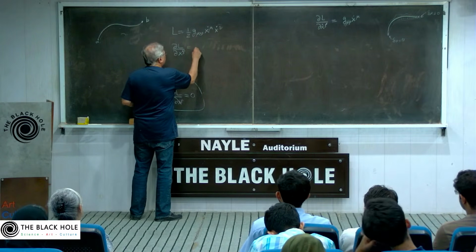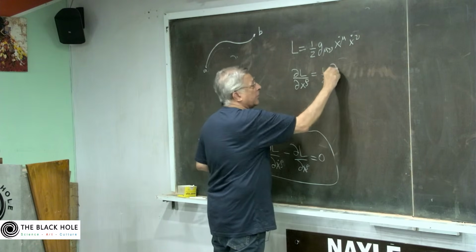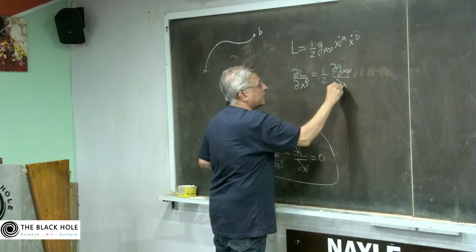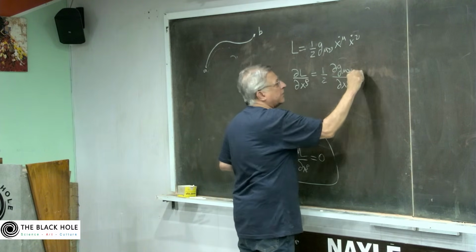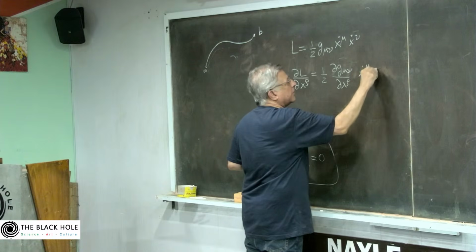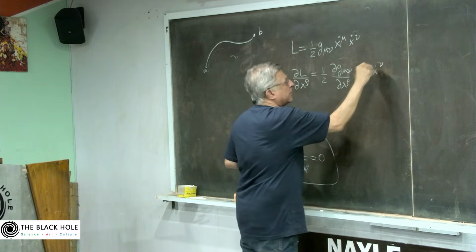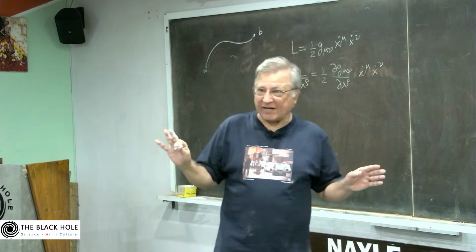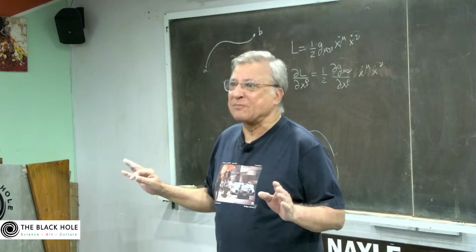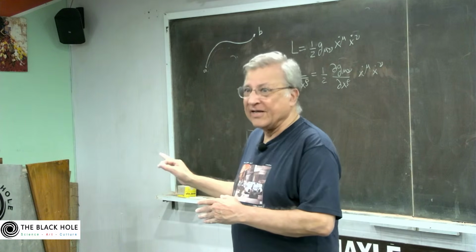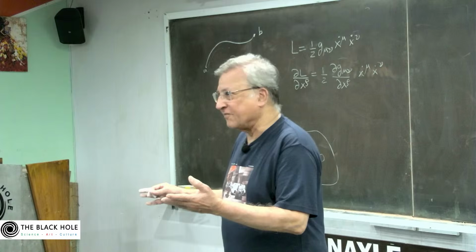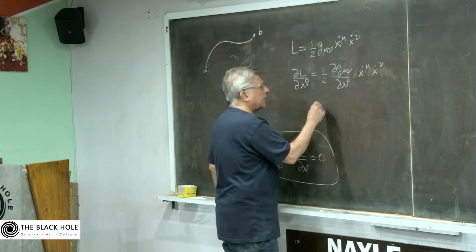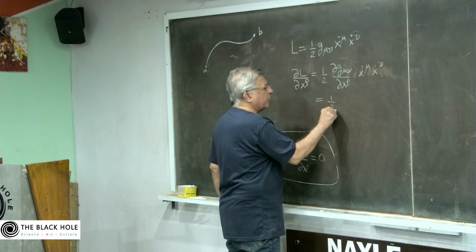What do I do now? Well, I do know that this depends upon position. And you will agree that g mu nu does depend upon position. We saw that explicitly. It depends upon theta, for example. But now I can use the chain rule.